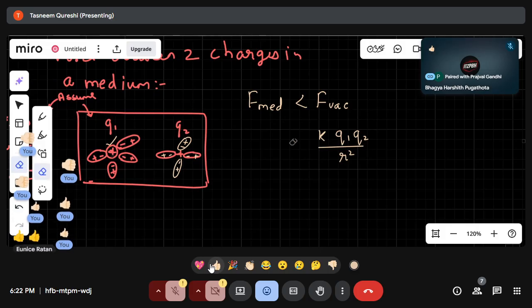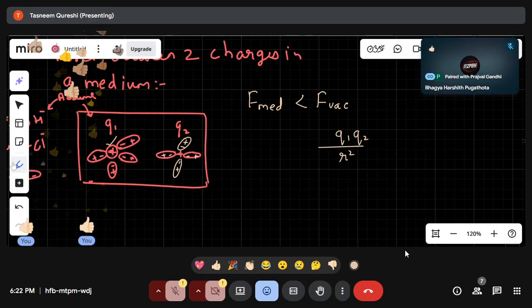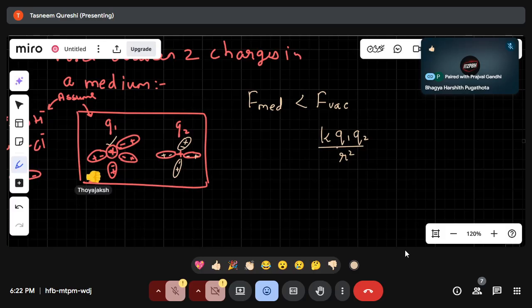If I divide this vacuum force with some number, the overall force will get reduced, right? This I can write like this also: 1 by 4 pi epsilon 0 q1 q2 upon r square. This is the force in vacuum.